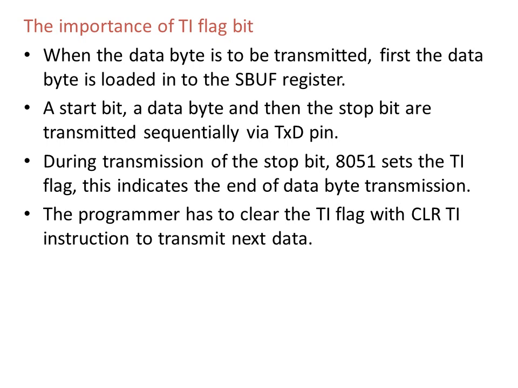If we write the next byte to be transmitted into the SBUF register before the TI flag bit is set, the untransmitted portion of the previous byte will be lost. The programmer can check the TI flag bit by JNB TI, any label instruction, or by using an interrupt.